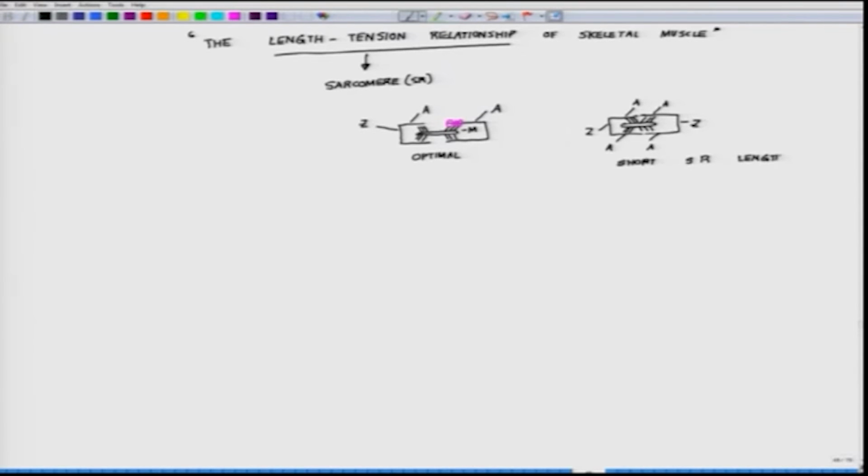And the second state could be when this has stretched even further. So, something like this, okay, where the number of interactions has kind of reduced.